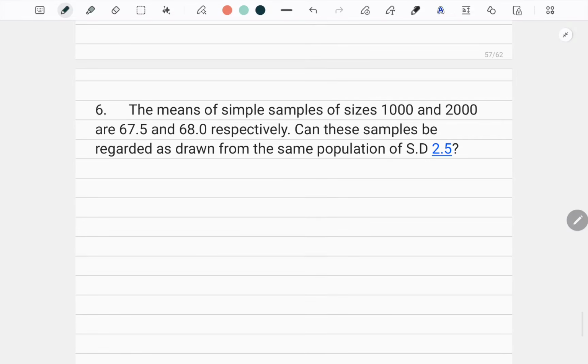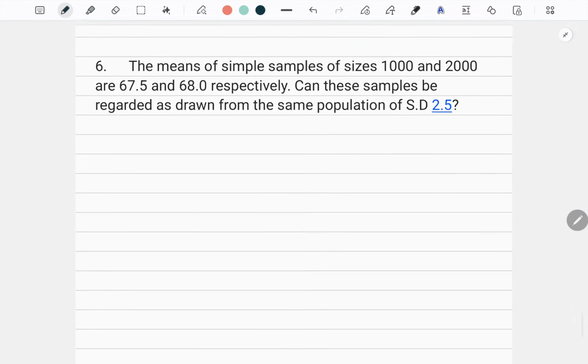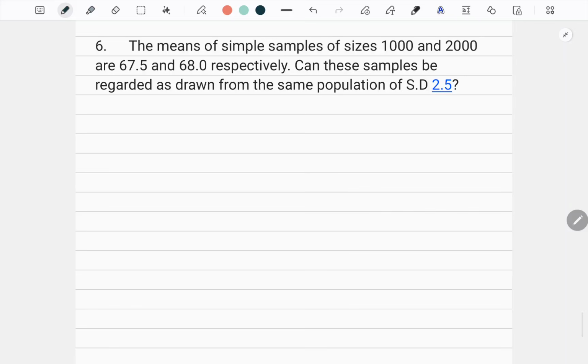The means of two samples. Now see, all of you pay attention. The means of samples means I am talking about two different samples of sizes 1000 and 2000. Means n1 is equal to 1000, n2 is equal to 2000. So it is not population versus sample, it is sample versus sample.